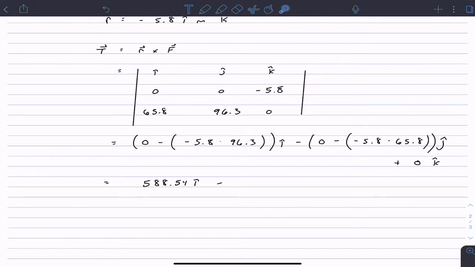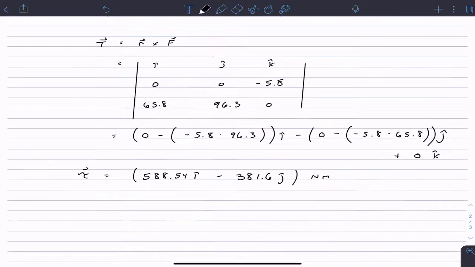Okay. And then so now we have, well, this is negative, that's positive. This is another negative, that's going to be negative. This gives you a negative value of 381.6 newtons j hat. So this is your torque, newton meters. And that's what we have.